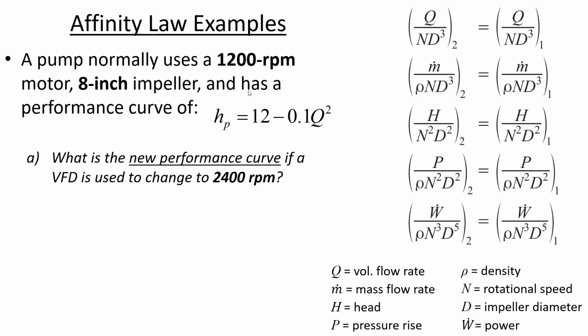So we'll start with this top equation here, which says Q2 divided by N2 times D2 cubed is equal to Q1 divided by N1 times D1 cubed. Now, D1 and D2 are the same.